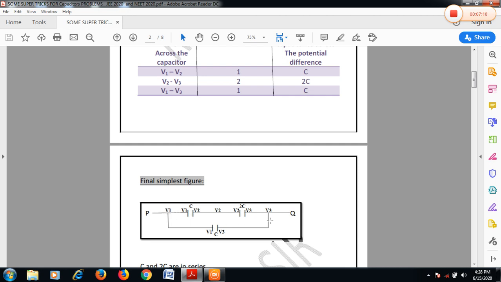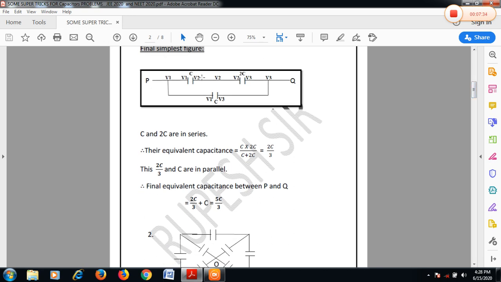Now we need to calculate the equivalent capacitance between P and Q. Have a look at this simplest figure. From this you can easily find the actual capacitance. No need to discuss, but for the sake of simplicity, I am discussing it. This C and this 2C are in series combination, so the equivalent capacitance across V1 and V3 in this path is 2C by 3, that is, C into 2C by C plus 2C.